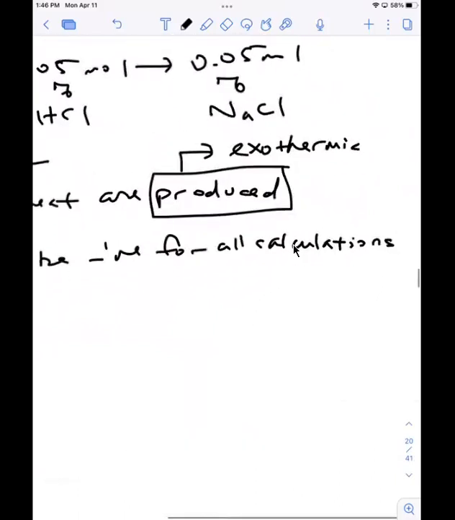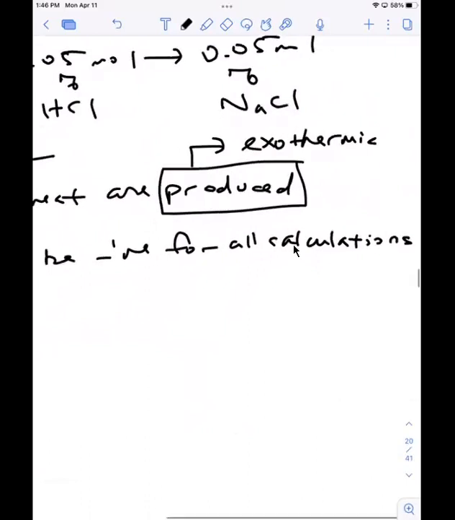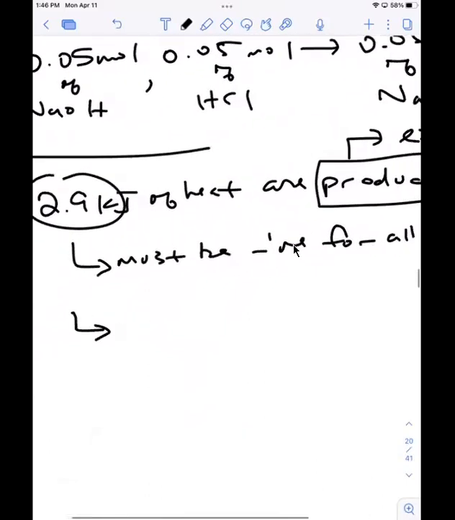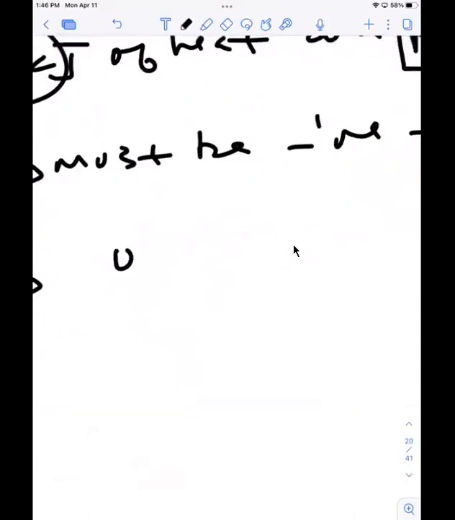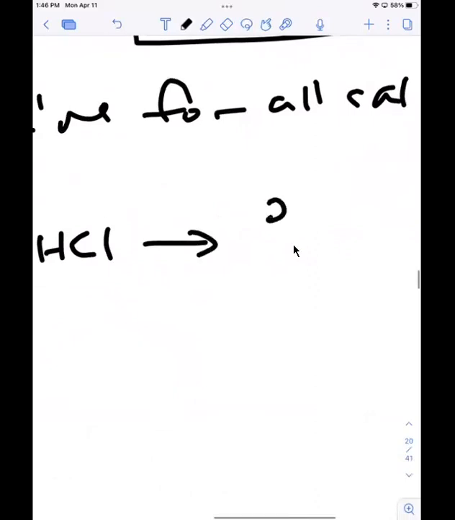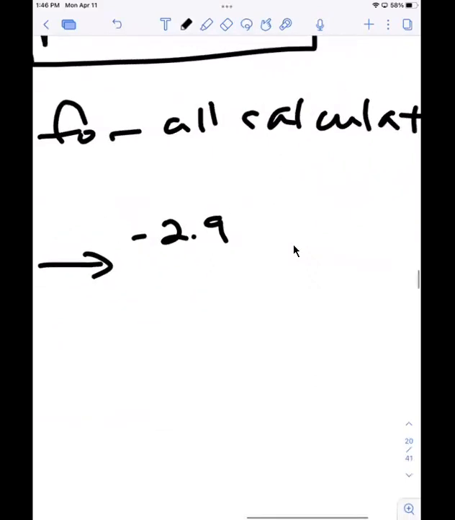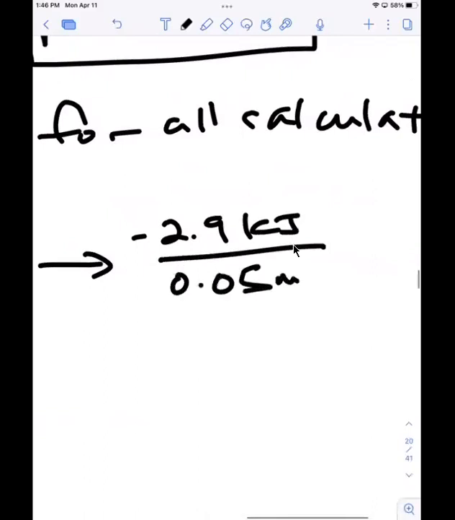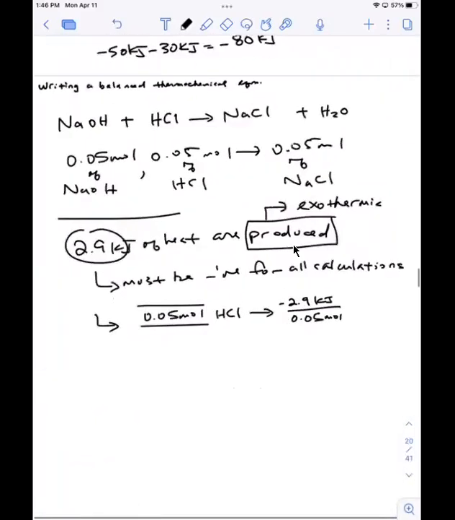Right? So the energy for the reaction of 0.05 moles of HCl is going to be calculated by negative 2.9 kilojoules per 0.05 moles, because those are the numbers we were given initially.